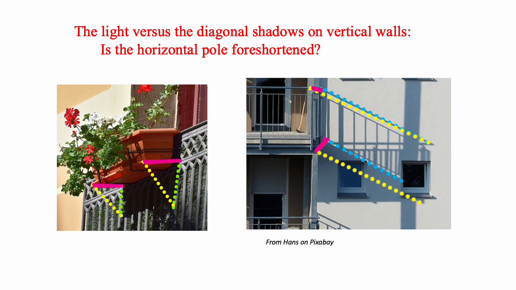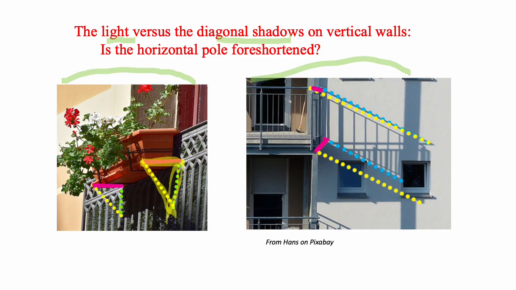I now want to compare the light direction versus the diagonal shadows on vertical walls, where the horizontal pole is not foreshortened and when it is foreshortened. So in this first one, the bottom of this flower pot is horizontal, and the light goes through the front of it, and we see its diagonal shadow in back, and they do not overlap.